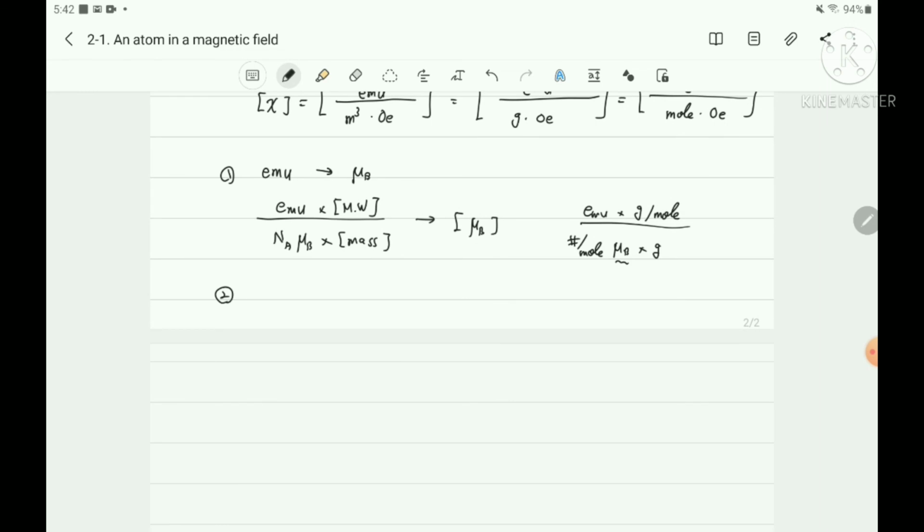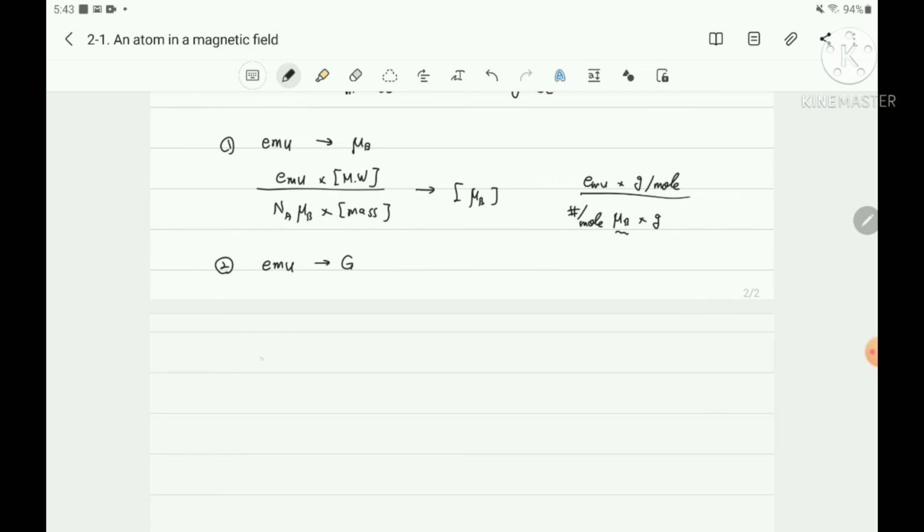In the second case, in many cases emu should be converted to a Gauss unit. In that case, emu is multiplied by the sample density and divided by 4 pi times the mass. Then the dimension is emu times gram per cubic centimeter in the CGS unit, over 4 pi gram.